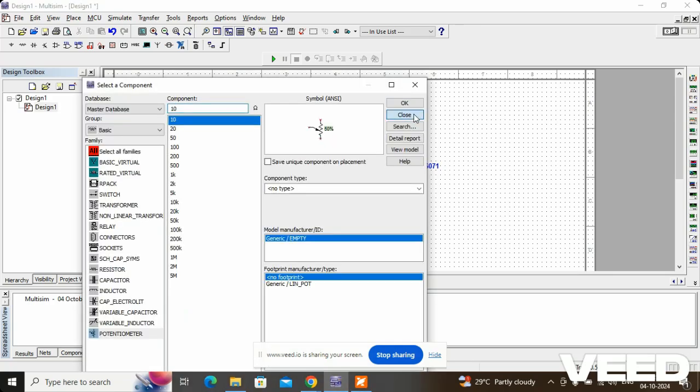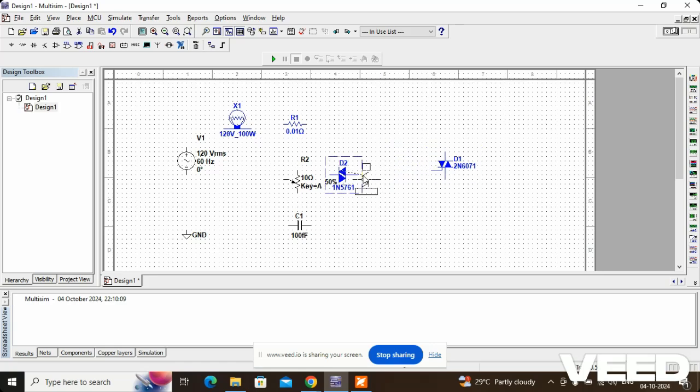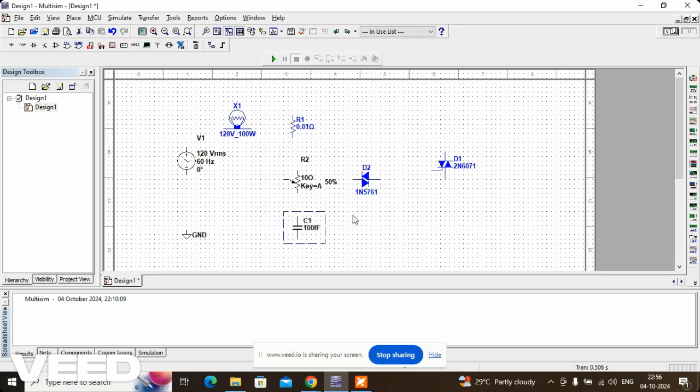So let's rearrange these things. If you select it all and press Control R, you can easily change the orientation. Now it's okay.